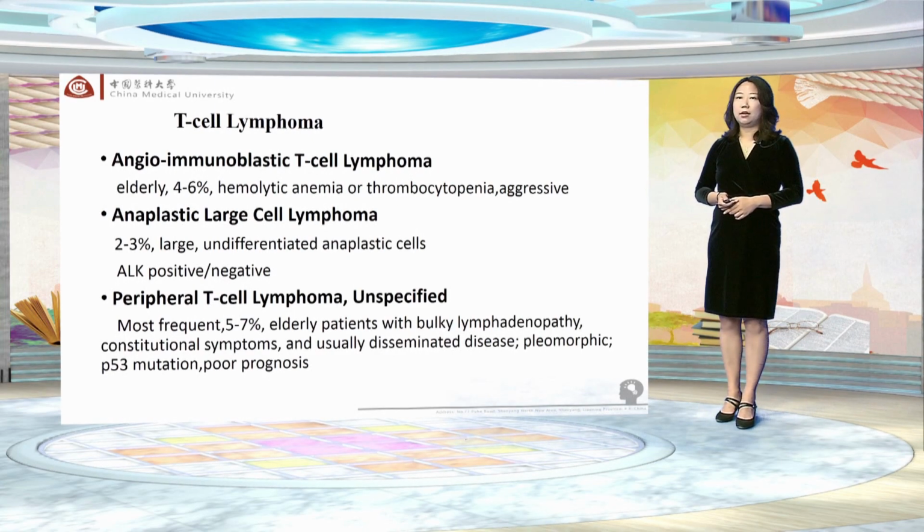The proliferating cells are pleomorphic, varying from small cleaved cells to large immunoblastic ones. P53 mutation is considered to be related with a poor prognosis in some cases.